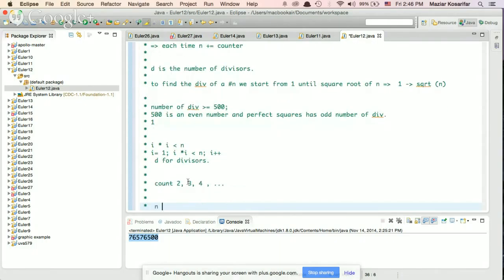So our number n starts from 1 for the first term of triangular numbers. The next term will be n plus equal to count. And I add 1 to count each time, so count changes, and n would be our triangular number.